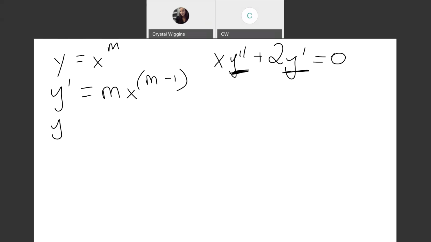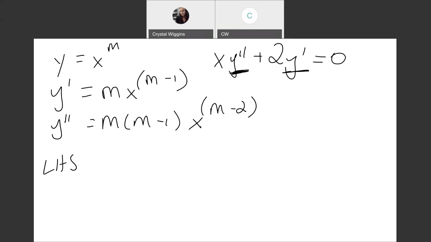Second derivative: bring the power down. So now we have m times m minus 1, x, subtract 1 gives us m minus 2. Okay, so now I have the first derivative and the second derivative. It'll be much easier for me now to make a substitution into the left-hand side of the equation, being x times y double prime plus 2y prime.